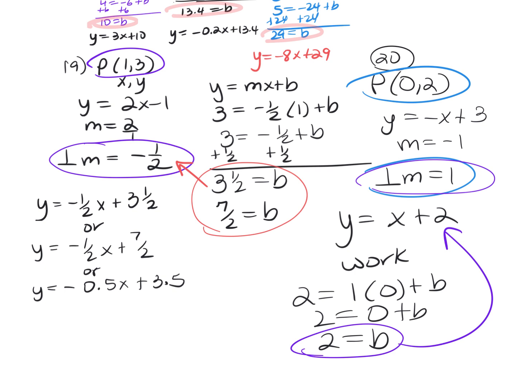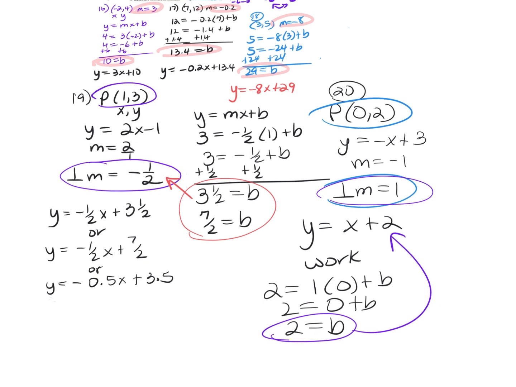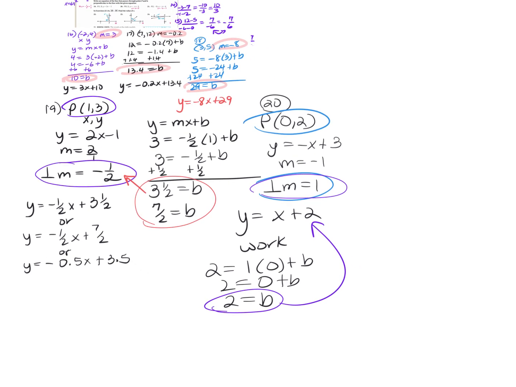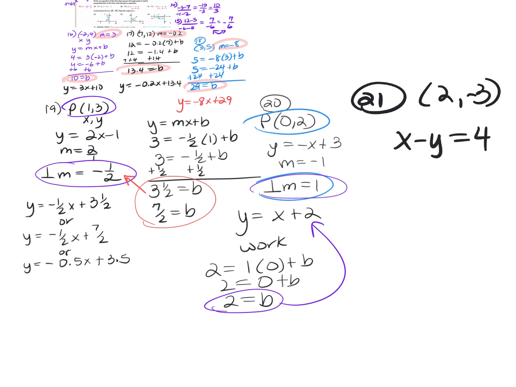For number 21, exactly the same thing. However, we need to rearrange the given equation into y equals mx plus b form first. Let me go ahead and go over here for 21. For this one, the given ordered pair was (2, negative 3), and then the equation was x minus y equals 4.